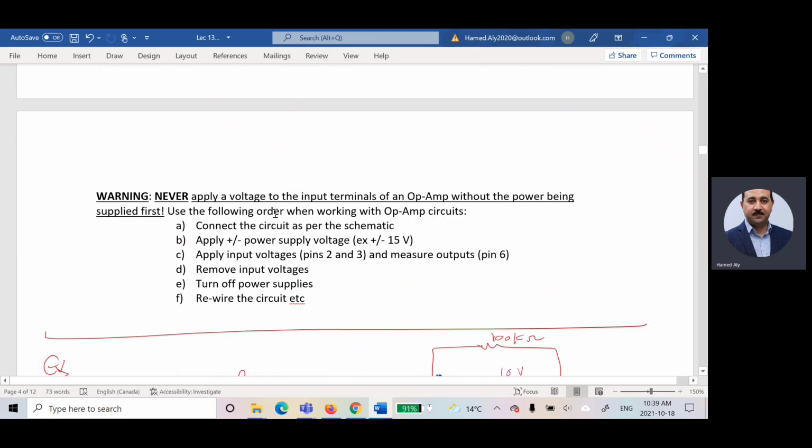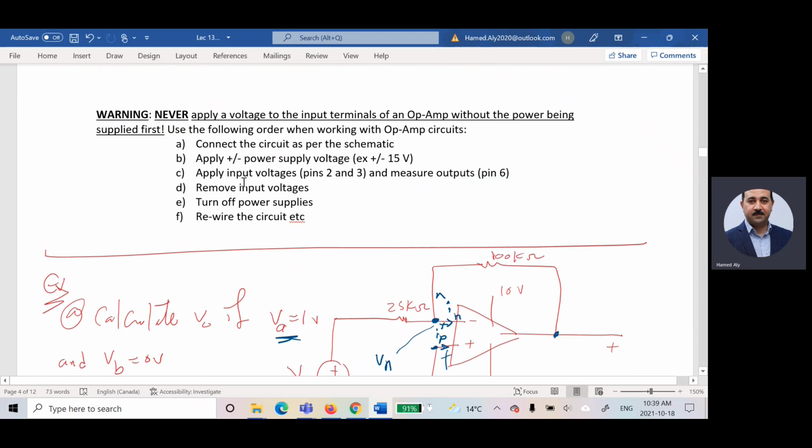After that, I apply the input voltage. If I have an input voltage to the positive terminal, I apply it. If I have an input voltage to the negative terminal, I apply it. In other words, I am not turning on the voltage to the inputs through pin 2 and 3 before connecting the power supply for pin 7 and pin 4.